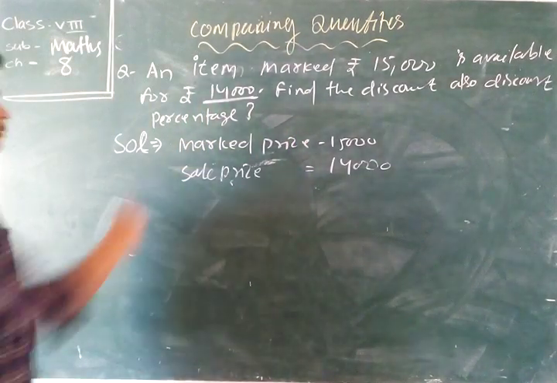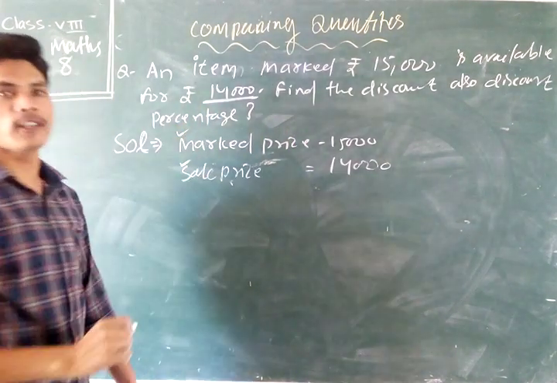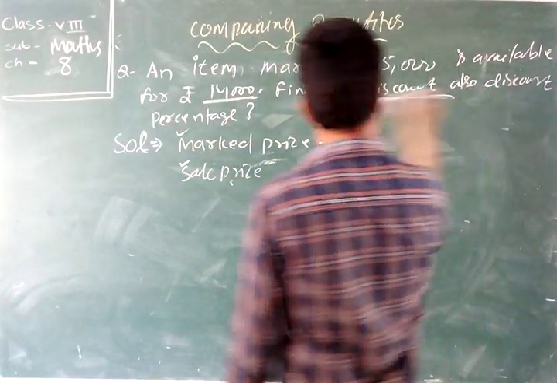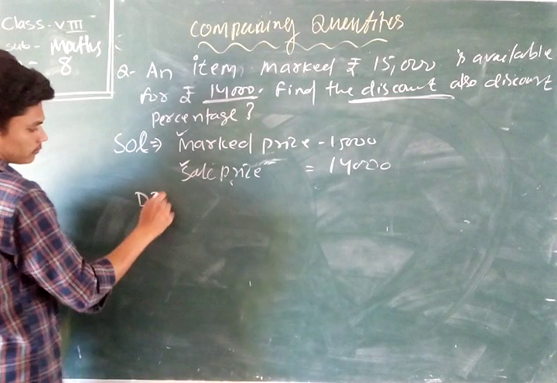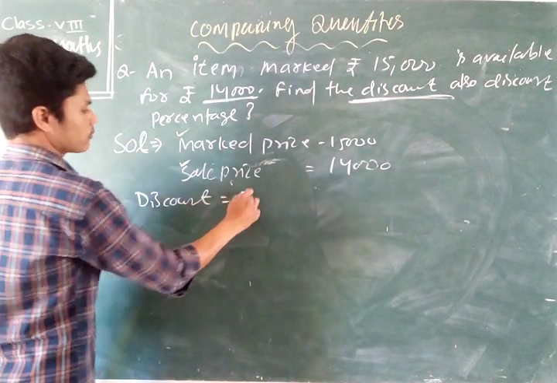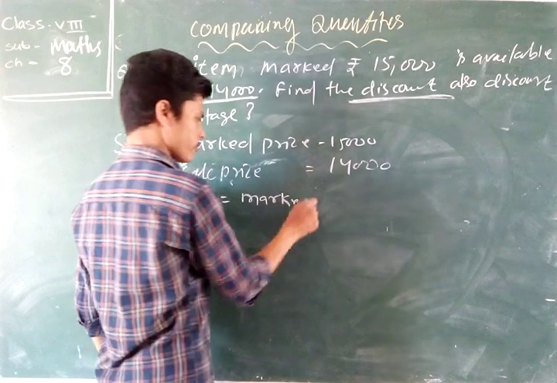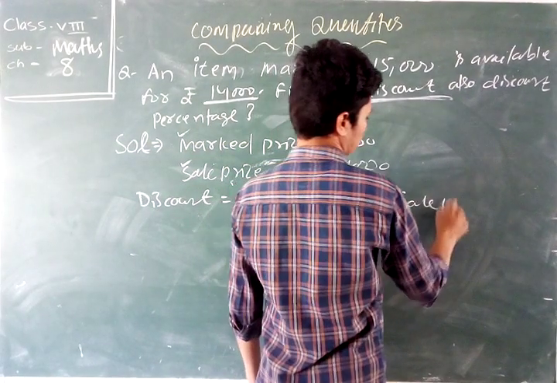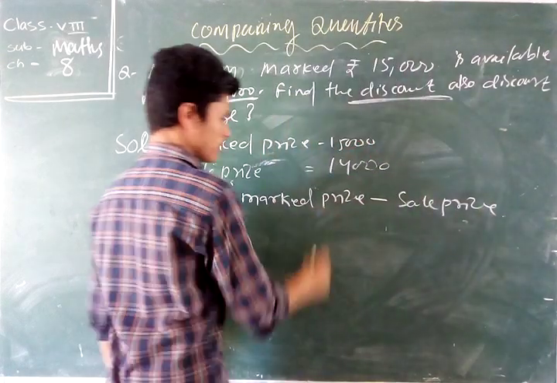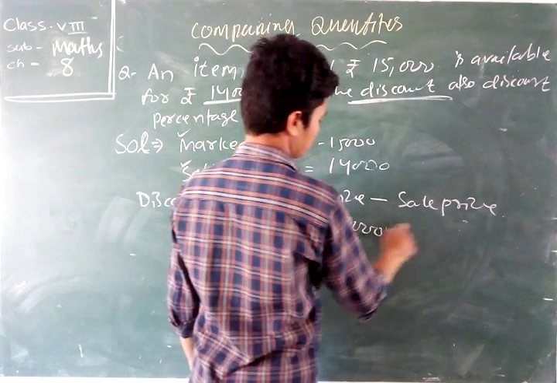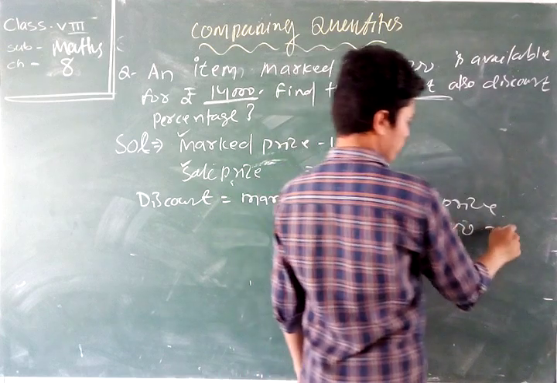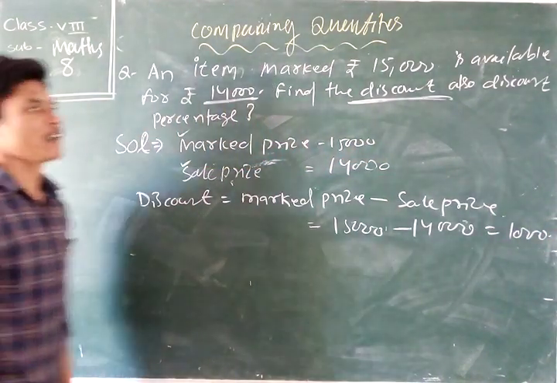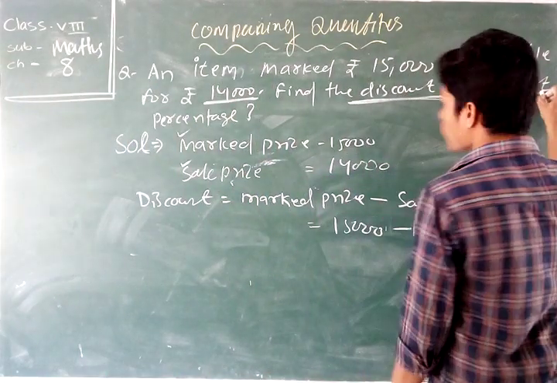Mark price minus sell price equals discount. The first question asks about the discount, so the discount equals mark price minus sale price. Mark price is 15,000. Sale price is 14,000. The difference is 1,000, so the discount is 1,000.